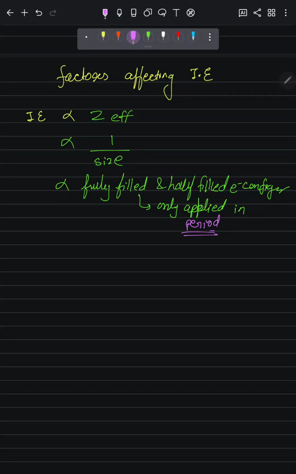of the periodic table. Let's take an example of comparison between the second period elements: lithium, beryllium, boron, carbon, nitrogen, oxygen, fluorine and neon. We compare the first ionization energy.